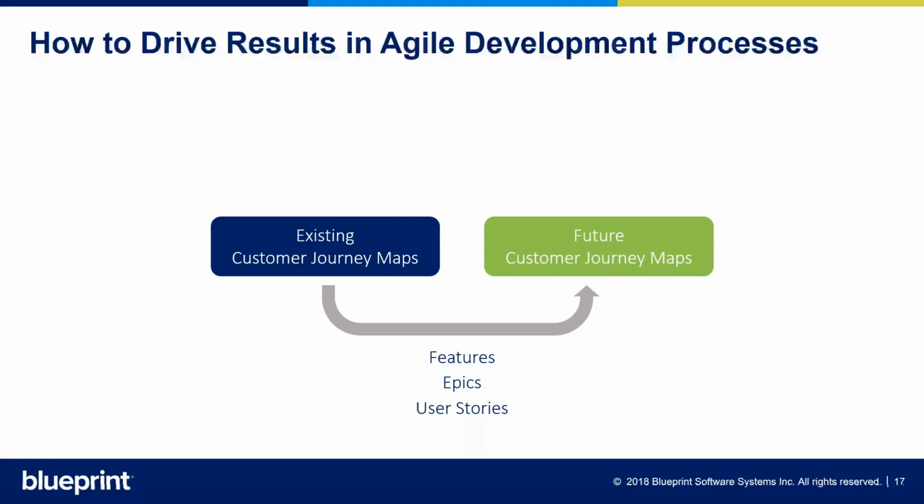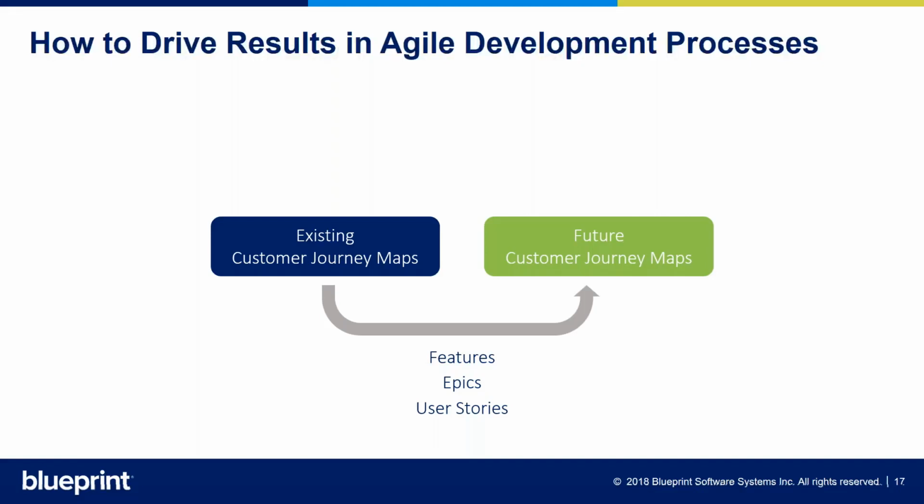So again, you're mapping out an existing customer journey as a product owner or product manager would. And then after you've mapped out what the existing customer journey looks like, you can identify the areas to improve or provide additional value, and to address pain points as well as growth opportunities. In that, you would create a future customer journey map.